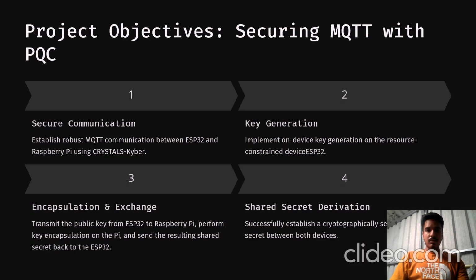Next we will implement on-device key generation on the ESP32 and then transmit the public key to the Raspberry Pi. Then the encapsulation process will happen on the RPi and it will generate a secret key which will be sent back to the ESP32. This would ensure that both devices derive the same secure shared secret for further communication.